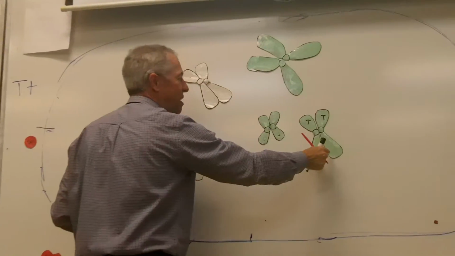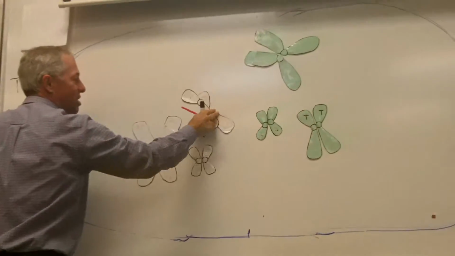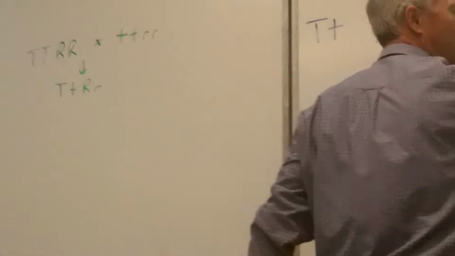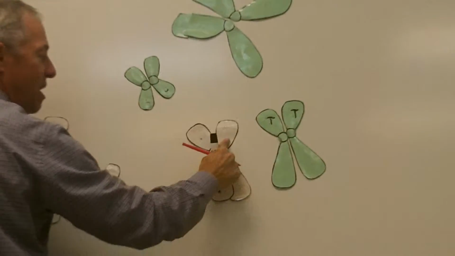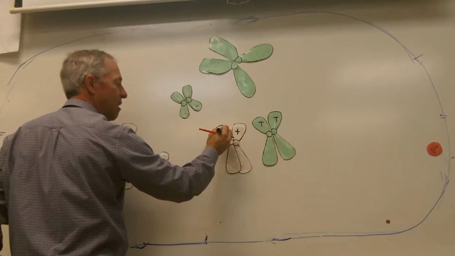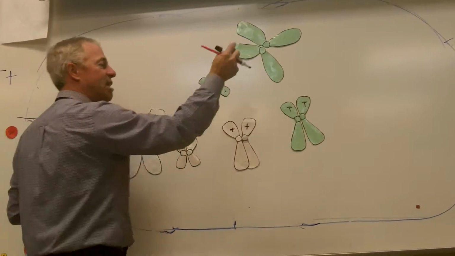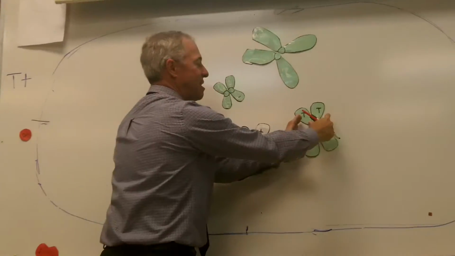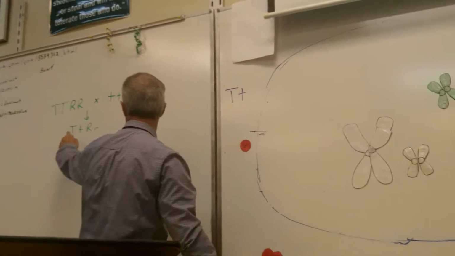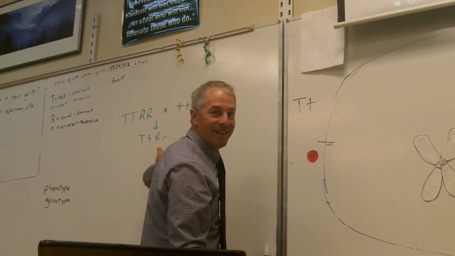So if this had a big T gene, then guess what the white one has? If it's heterozygous here, it's not going to be a big T. You know what it's going to be? A little t. That's why this plant is big T, little t. It's got big T on one chromosome and little t on another chromosome. Does this make sense?